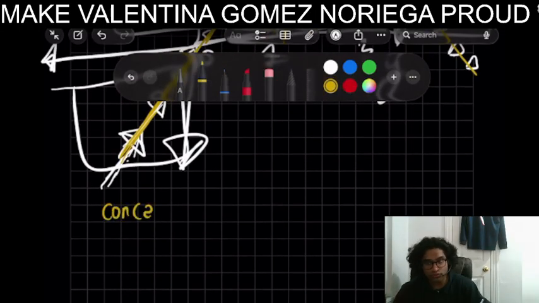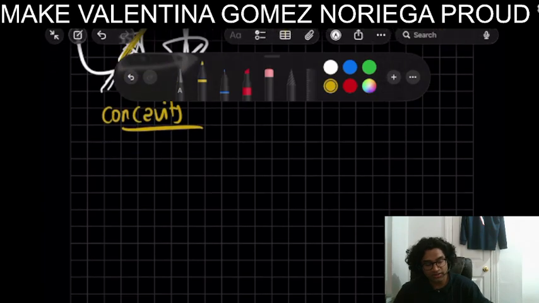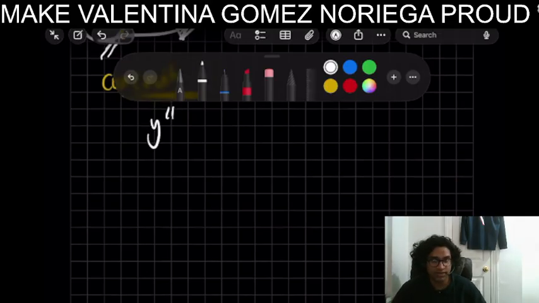The way you can check the concavity is by second order differentiating it, so by y prime prime.